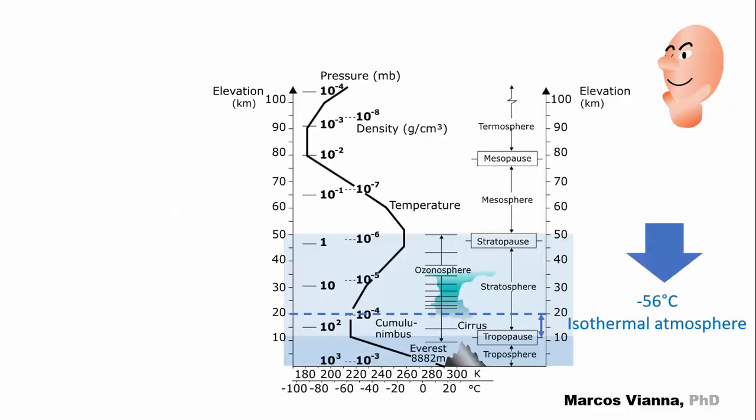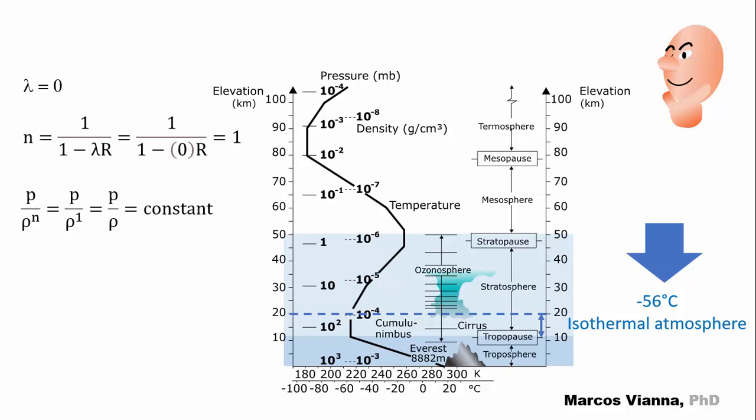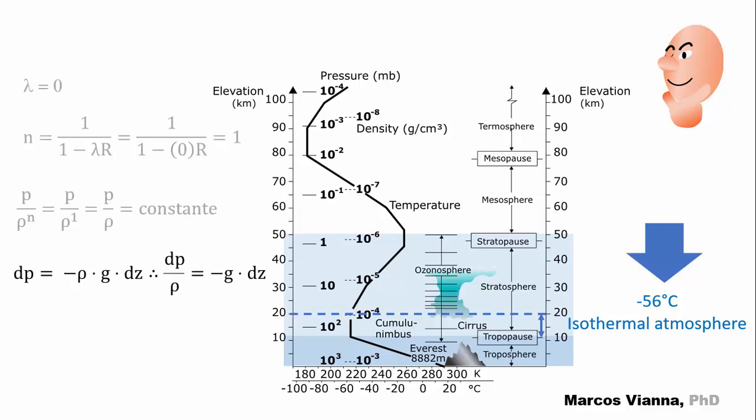Now the stratosphere. Up to the elevations of our interest, we assume that the temperature is constant. So, the atmospheric vertical thermal gradient lambda is 0. Thus, n equals 1. And this expression represents the isothermal process conditions. Let's go back to the dP versus dZ equation.